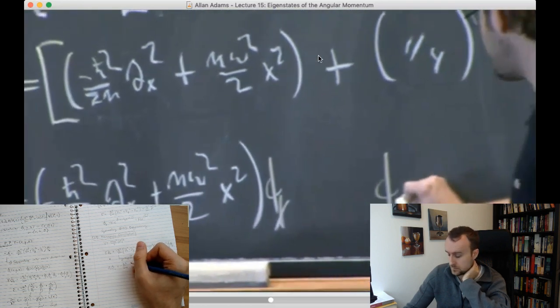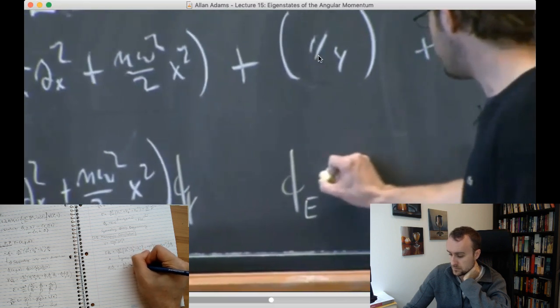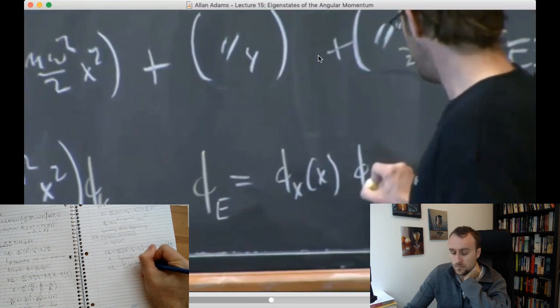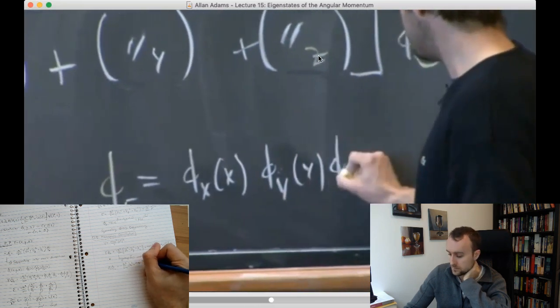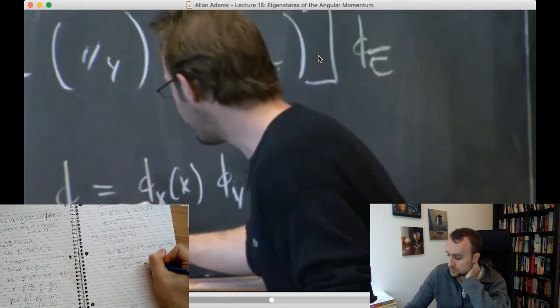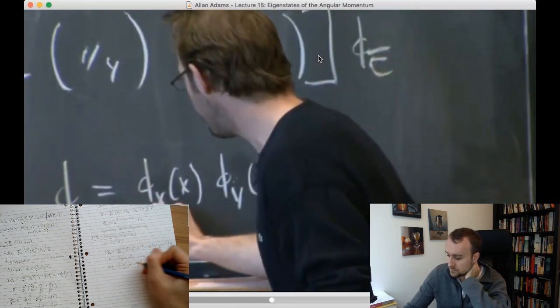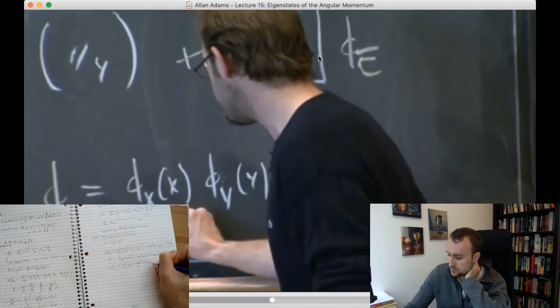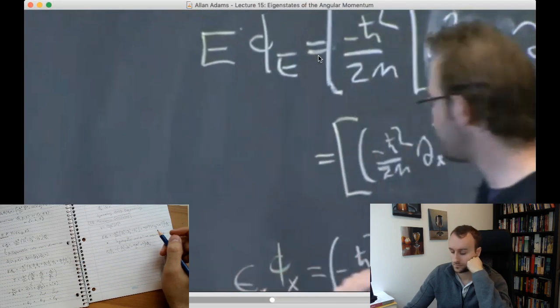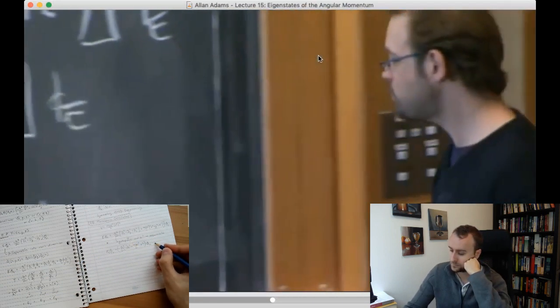Then phi_E is going to be equal to phi_x of x, phi_y of y, and phi_z of z, where E is equal to epsilon_x plus epsilon_y plus epsilon_z. Note that I've used a slightly different definition of epsilon here than before. Here it's explicitly the energy eigenvalue.